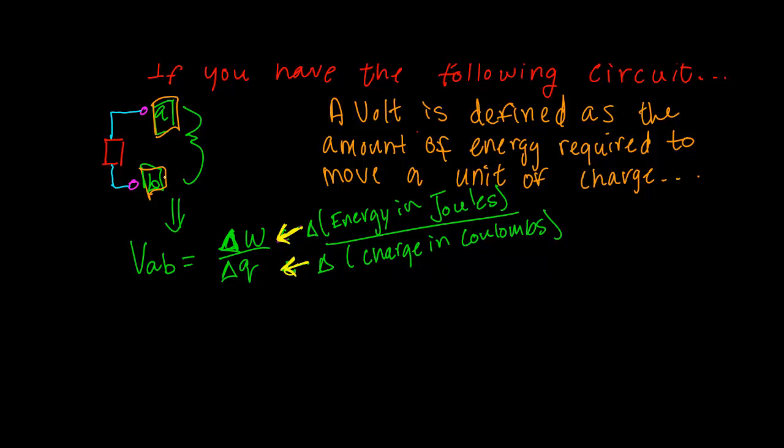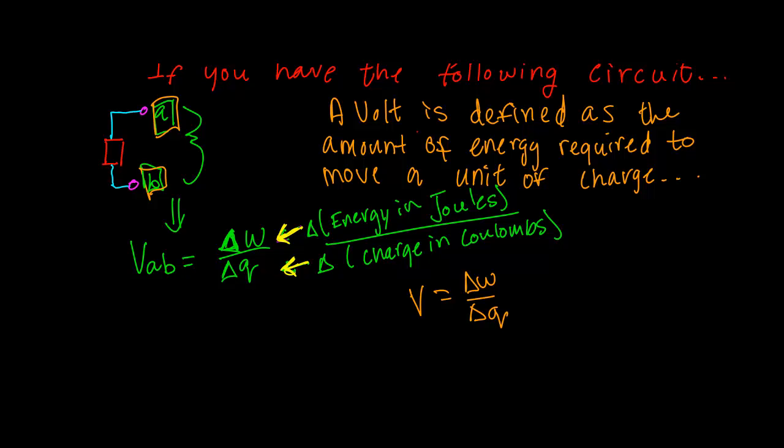However, that's just the way it is. Now, the denominator is the change in charge, which is in coulombs. So basically, voltage is going to be defined as your change in energy over the amount of energy required to move one unit of charge, which could be an electron, for example.